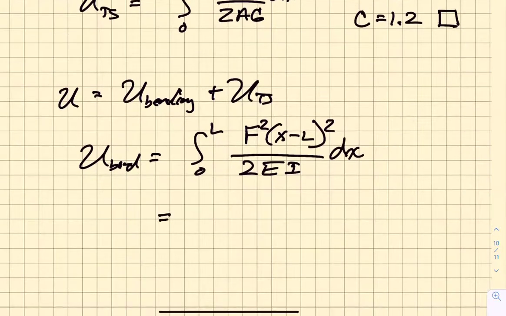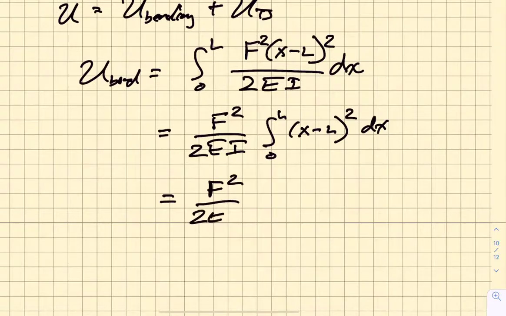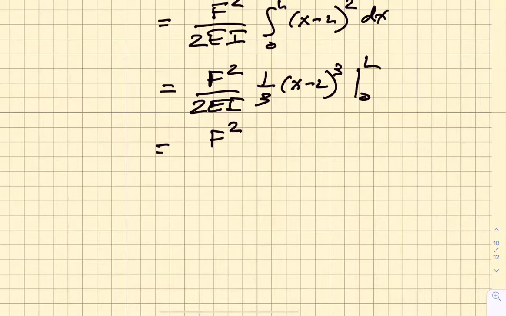The force doesn't change. The material doesn't change. The cross-section doesn't change. And so I'm simply going to be integrating from 0 to L, (x minus L) squared with respect to x. F squared over 2EI, 1/3 (x minus L) cubed integrated from 0 to L. That then gives me F squared over 6EI times the quantity (L minus L) cubed minus (0 minus L) cubed.